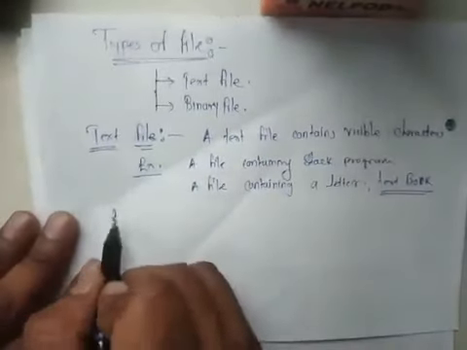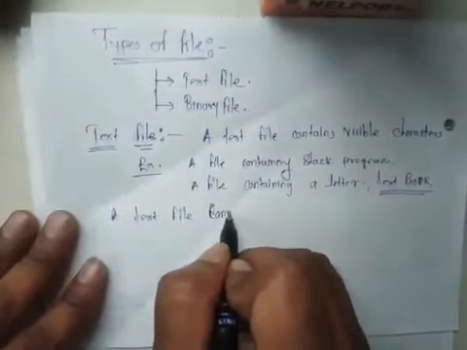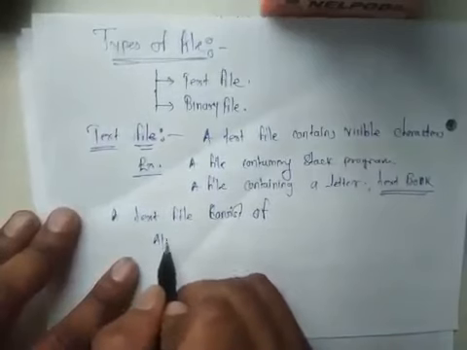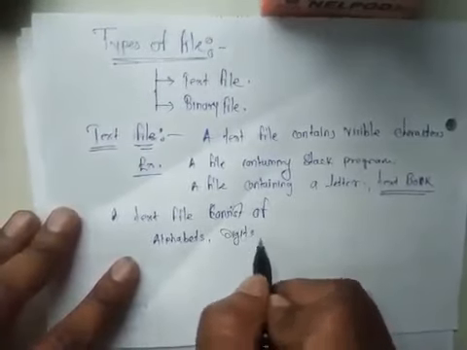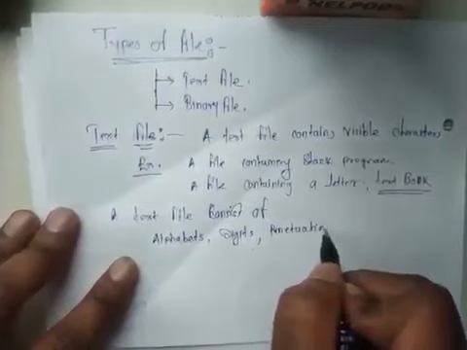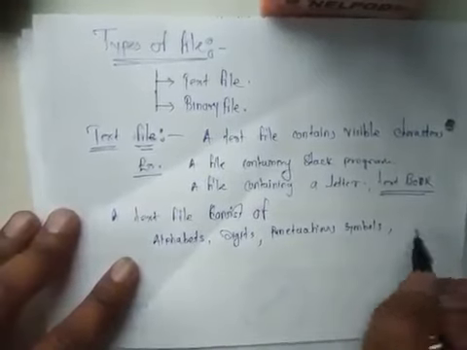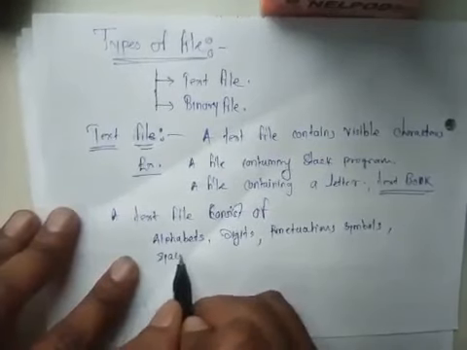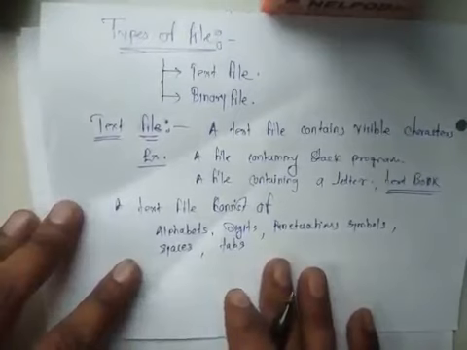So basically a text file consists of a collection of alphabets, digits, punctuation, or symbols, spaces between two words or two characters, and tabs.